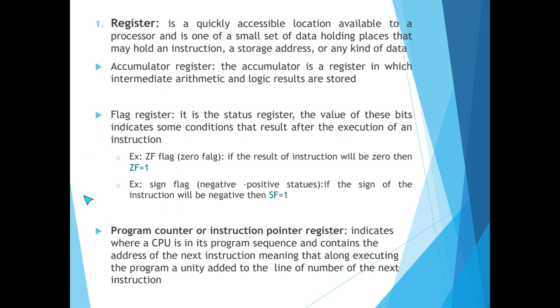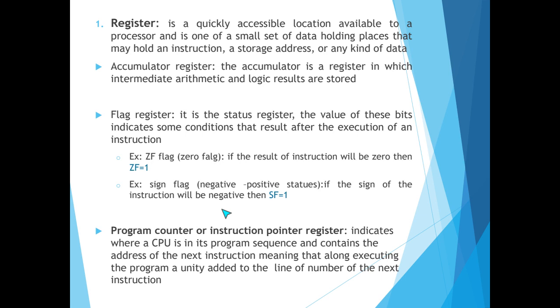Or we have another type of register, the condition register, which determines the negative and positive status. For example, if the sign of the instruction result after executing is negative, then the SF flag register value is equal to 1, meaning that if it is equal to 1, then the instruction result sign is negative.